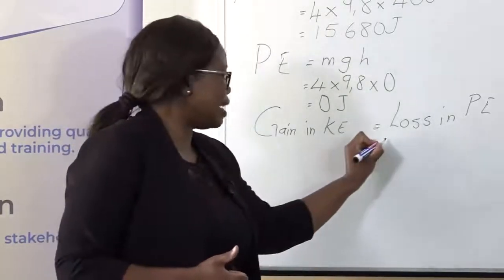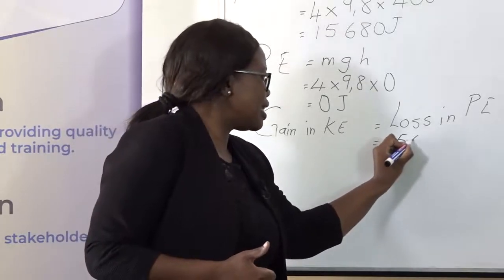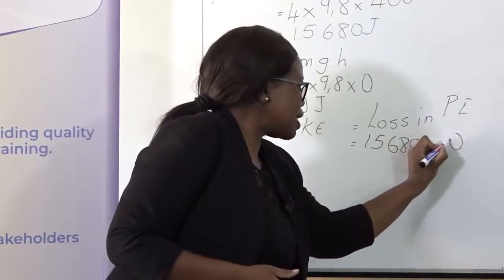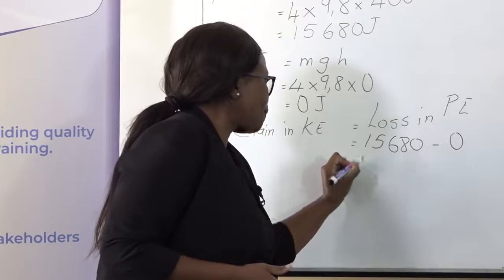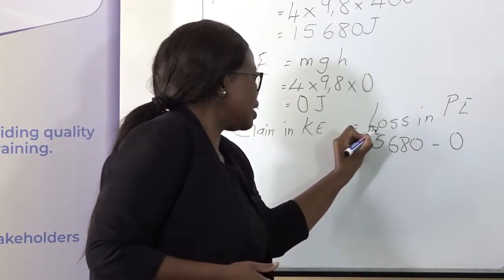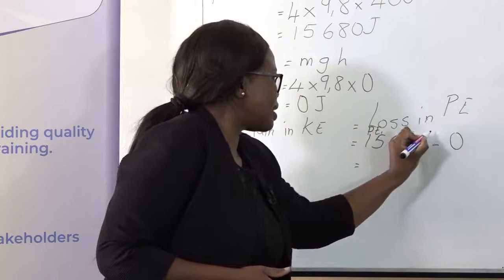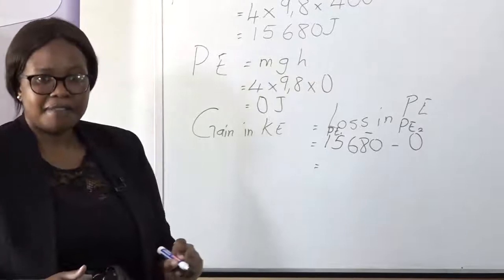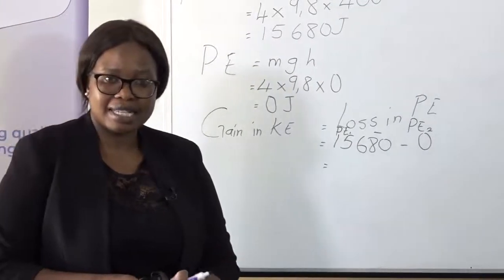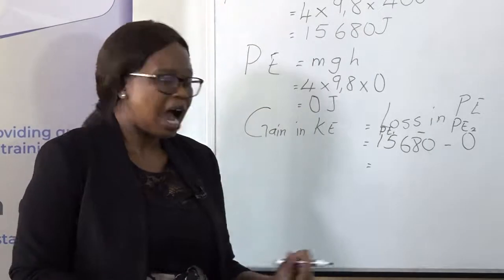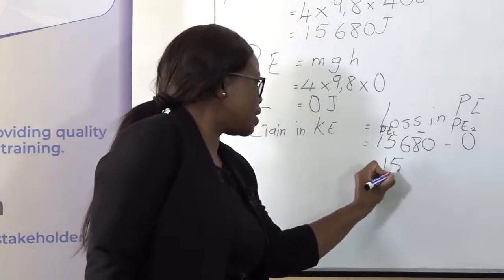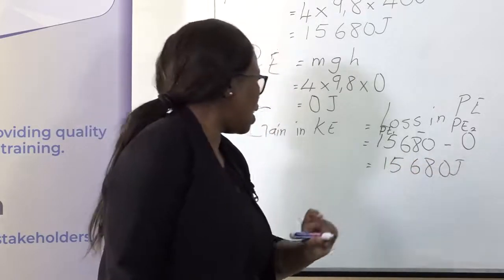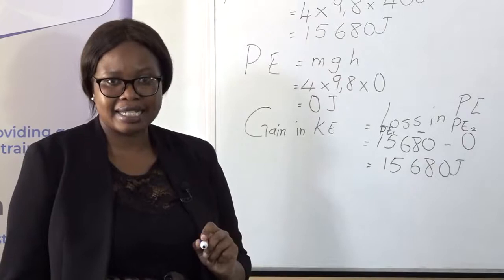So here we are saying 15,680 joules minus 0. Here, potential energy 1 minus potential energy 2. And 15,680 minus 0, our answer will be 15,680 joules. That's our gain in kinetic energy.